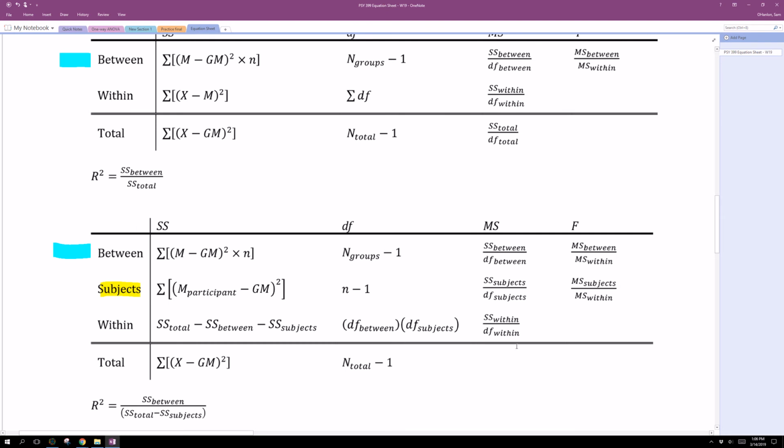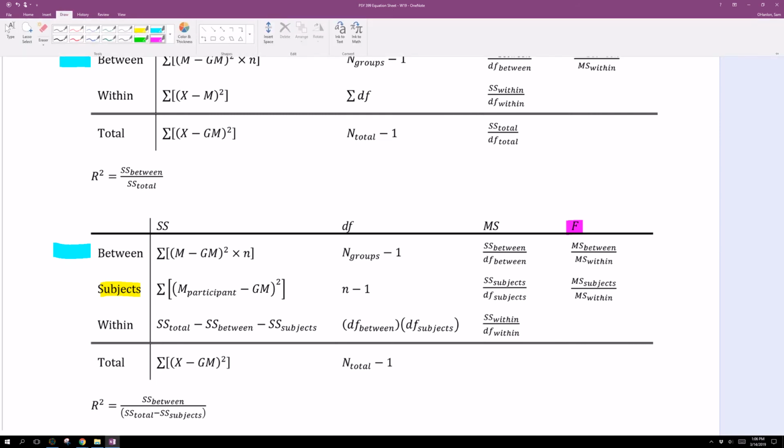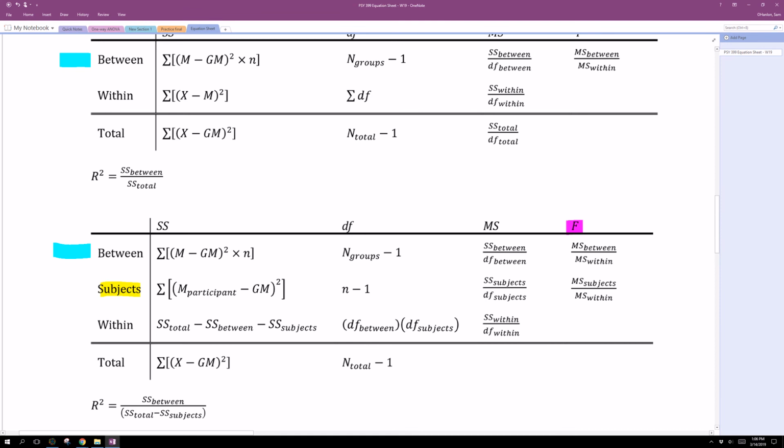Now, what's different in this table is that you have two different F ratios. In both cases, the denominator is within. Right? It's the mean squares within. Same like it was up here.